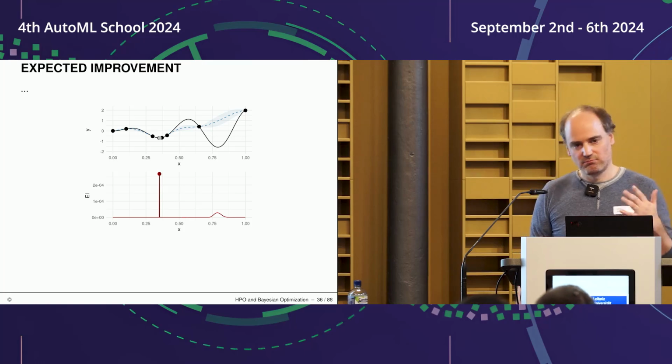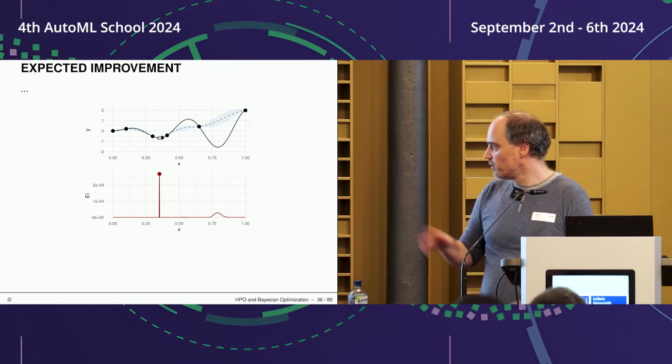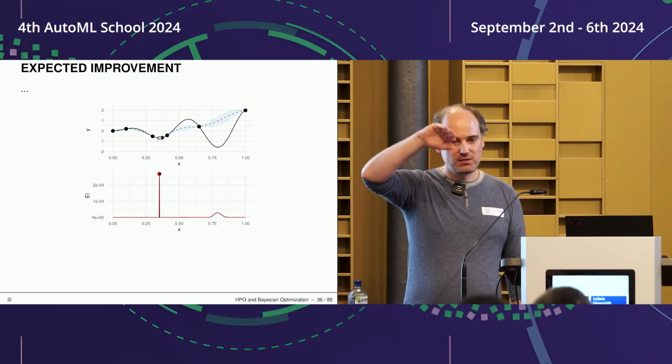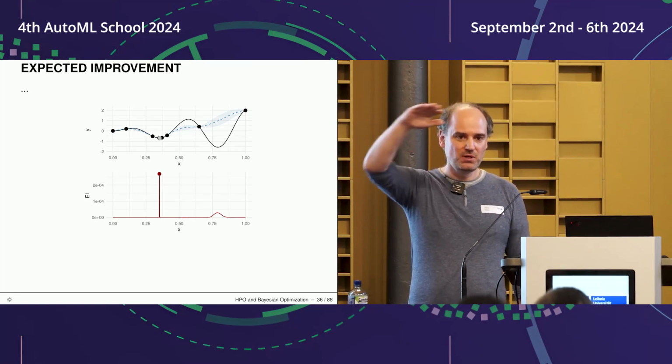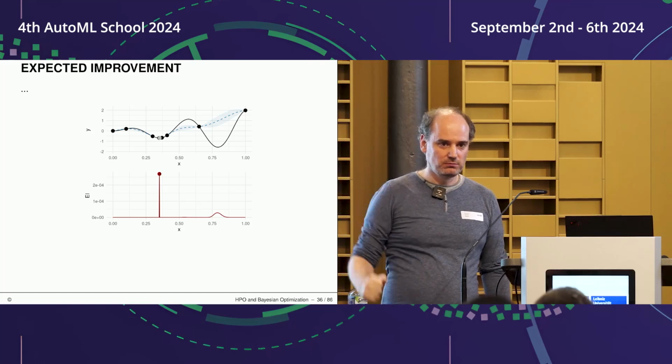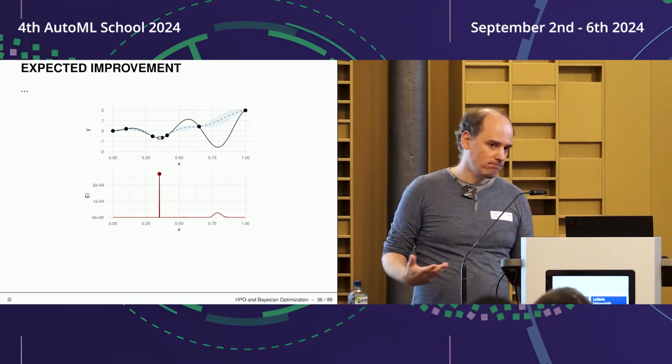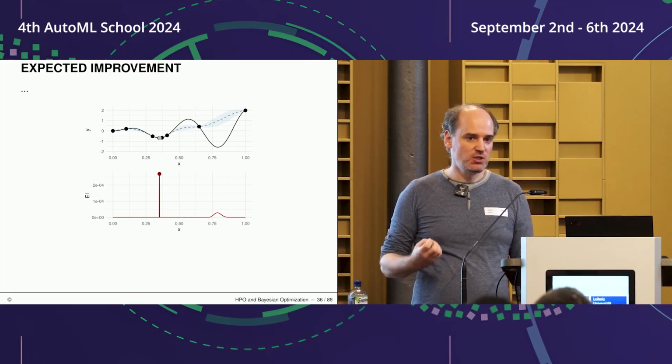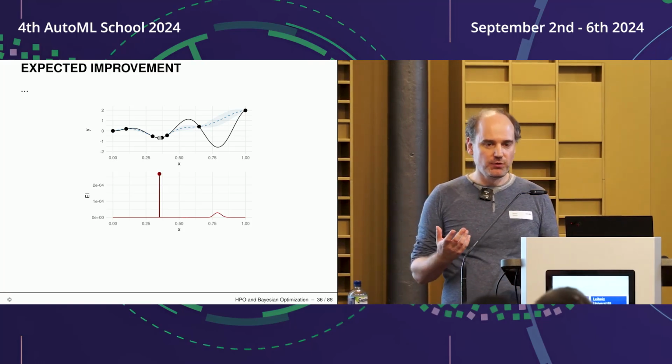So EI, maybe this is not too visible from these pictures here, is a fairly highly multimodal function. So you get something like this in a higher dimensional space, okay? It's not super simple to optimize. It's cheap, okay? But it's not trivial to optimize that.